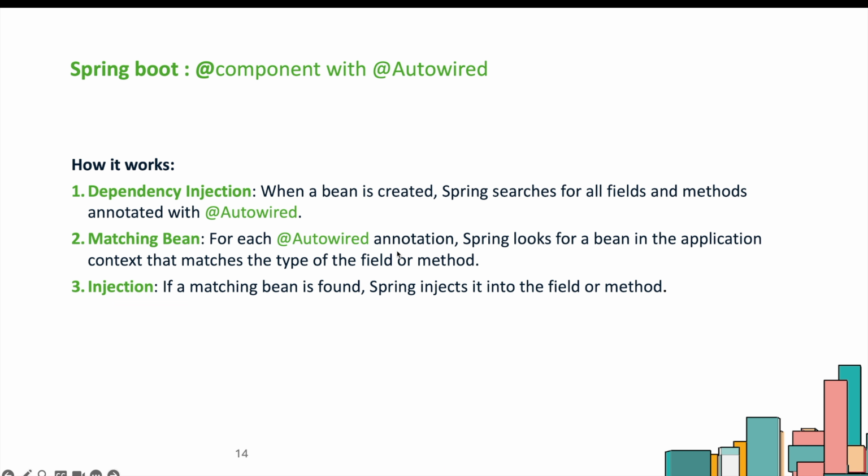So @Autowired is achieved through dependency injection. When the application starts, Spring searches for field-level, method-level, and class-level annotations for the components, finds those components, and injects them through the dependency mechanism by using @Autowired.